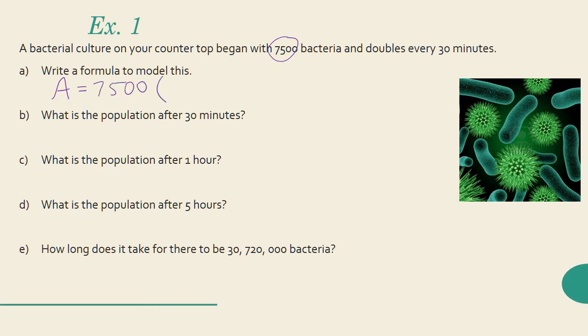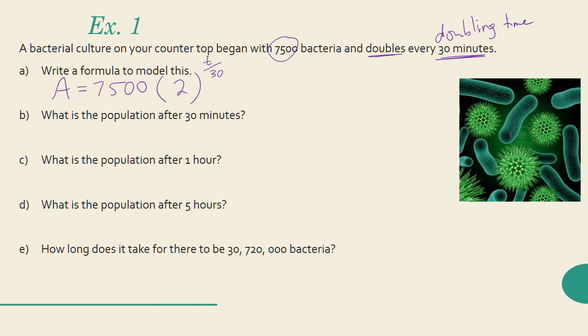And since it tells you that it doubles, you're looking for one of two key words, either half-life or doubles. We know that we're using the doubling time. And then T over D. And D is the doubling time, which it says right here, 30 minutes. So T over 30.